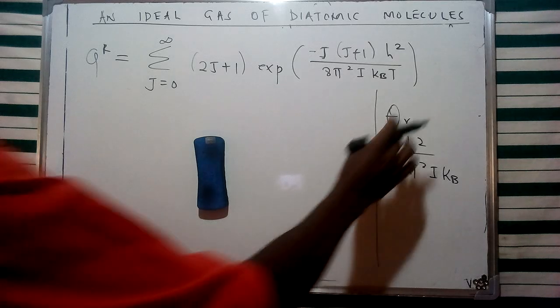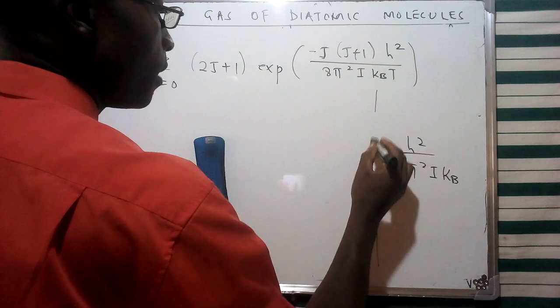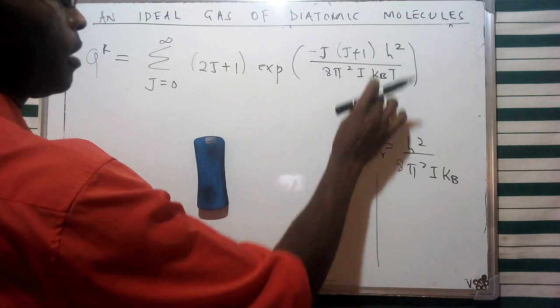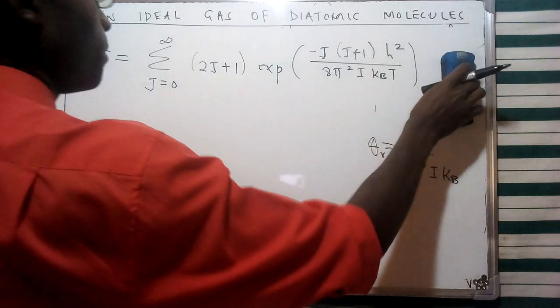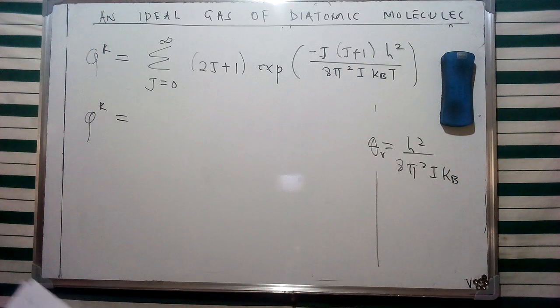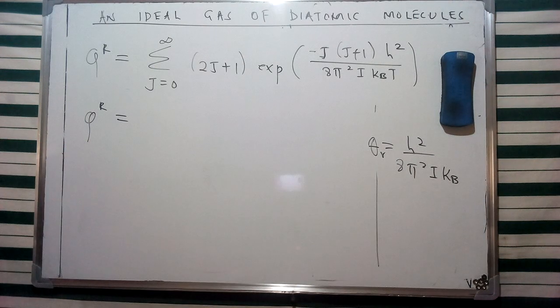So I can just give it in terms of theta_r, and we said that we can substitute theta_r in our expression above and come up with another version of representing this rotational partition function using this rotational temperature.